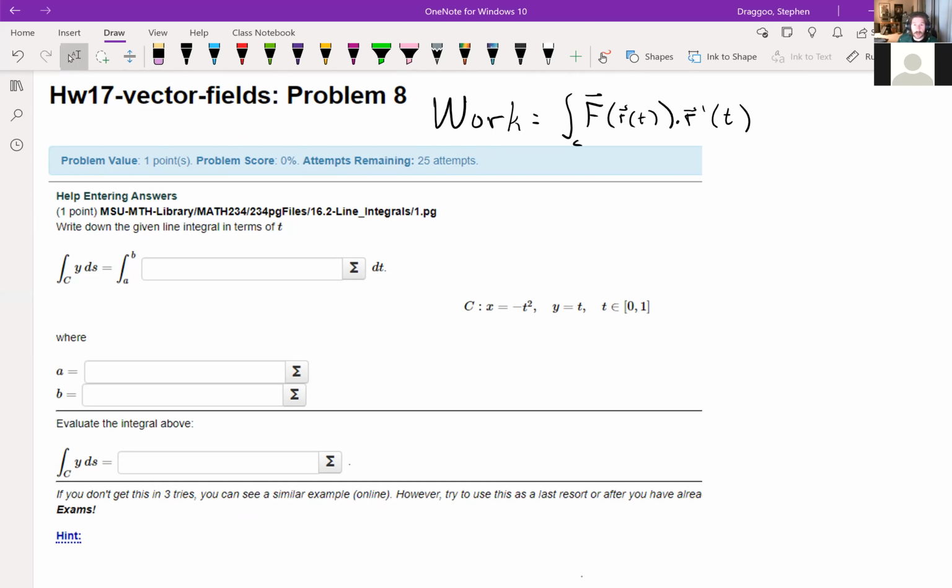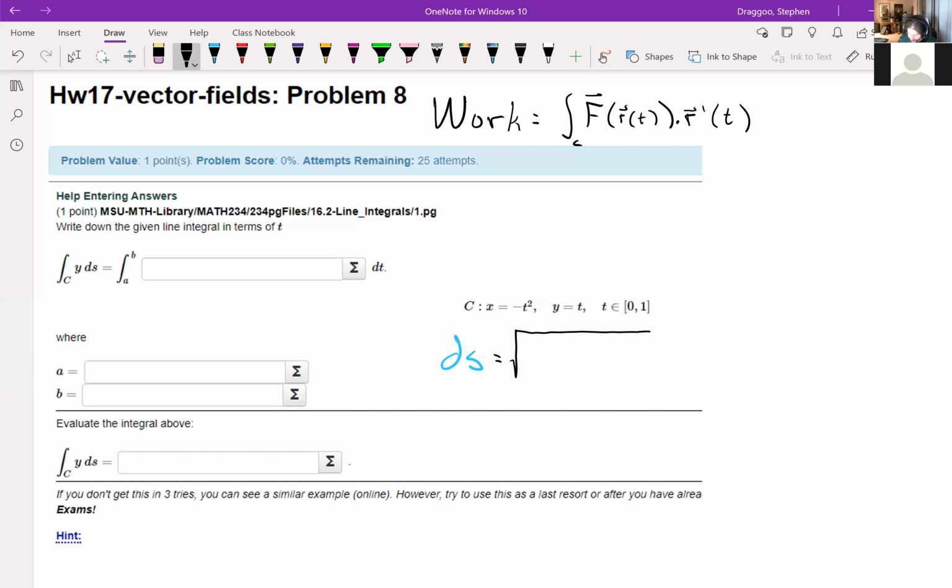But what do we want? We want to integrate y ds, where we know something about the curve. So let's take a look at what ds should be equal to. And ds, we know from section 16.2, ds is the square root of x prime squared plus y prime squared, or x prime squared plus y prime squared plus z prime squared if we're in 3 dimensions.